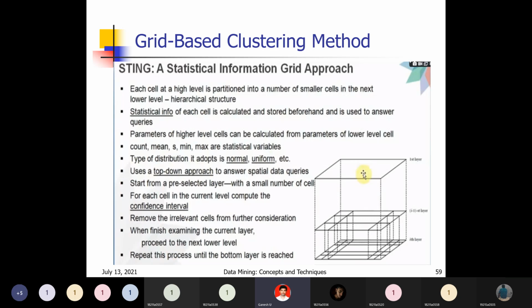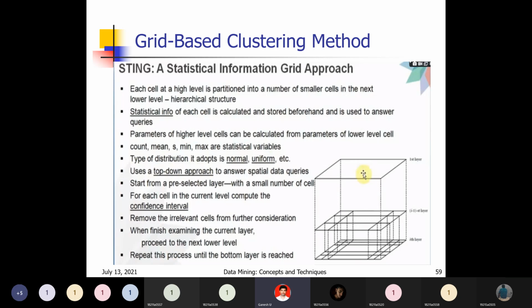We can just apply the query on this grid based clustering method. At each and every cell you have statistical information, so for that query we can easily get the answer. Why? Because you have the statistical, mathematical information. Any query applied, you can retrieve the answer.